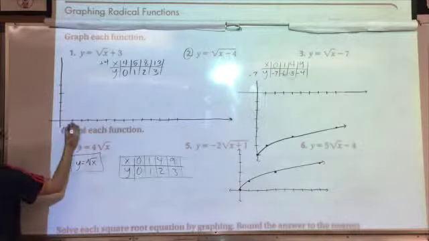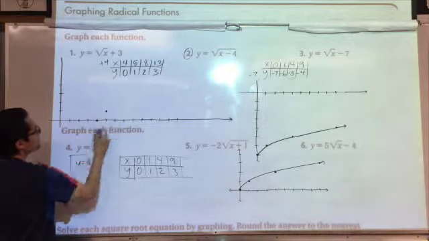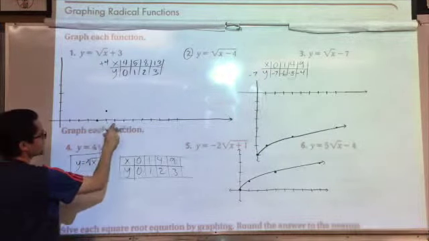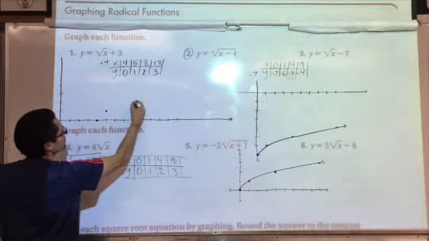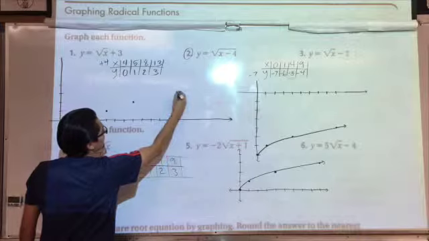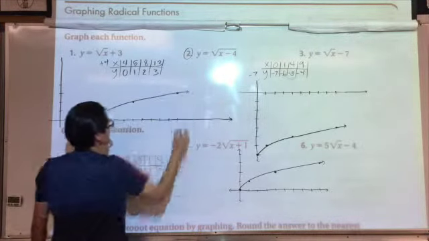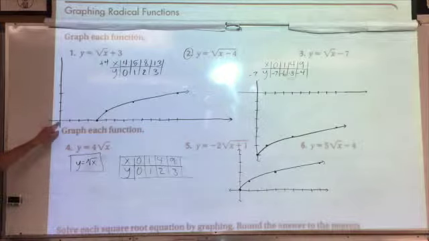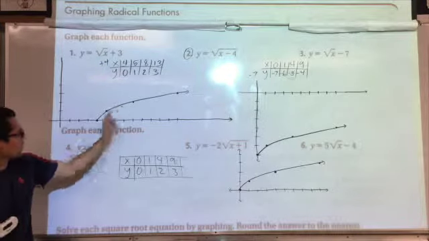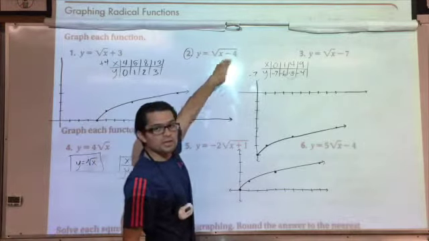So 4, 0, 5, 1, 8, 2, 13, 3. There's your graph. It's the parent function, which begins here, shifted to the right, 1, 2, 3, 4 units. That's exactly what it's telling me to do.